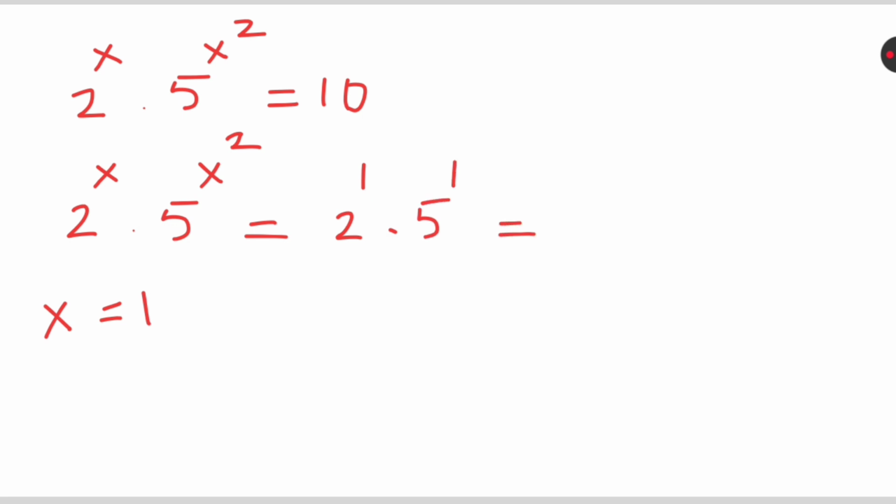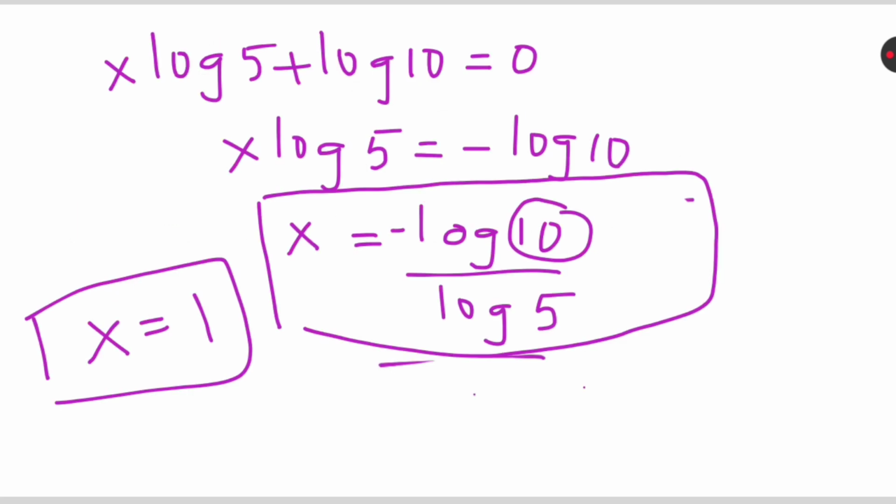So 2 raised to power of 1 is nothing but 2. 5 raised to power of 1 is nothing but 5. After multiplication, you will get the right hand side. So x equal to 1 satisfies our given condition. See, the second solution also satisfies our equation, but you need to use a calculator. So x values are 1 and minus log 10 over log 5.